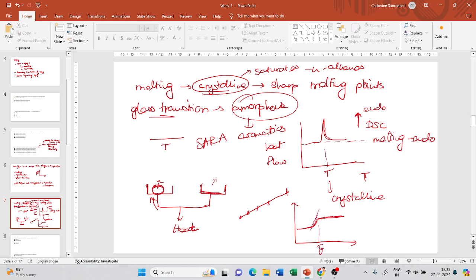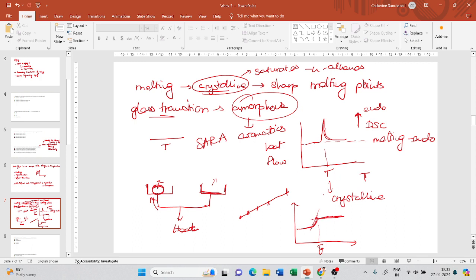They will just take the inflection point, the point of intersection of these two slopes, as the glass transition temperature. So besides crystallization, melting or glass transition, based on how the heat flow curve varies, many people have identified many thermal events, but for bitumen we are focusing only on these three thermal events.